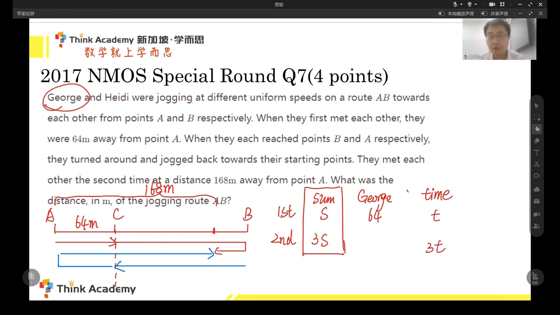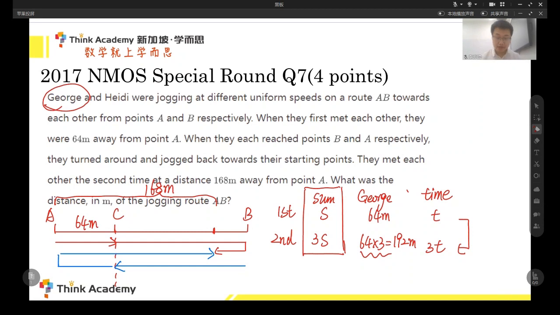Looking at George, the first time he traveled 64 meters. For the second time, the time is 3 times as before and George's speed remains unchanged, so he has traveled 3 times as far as before. In the second meeting George should have traveled 3 times 64, which is 192 meters.